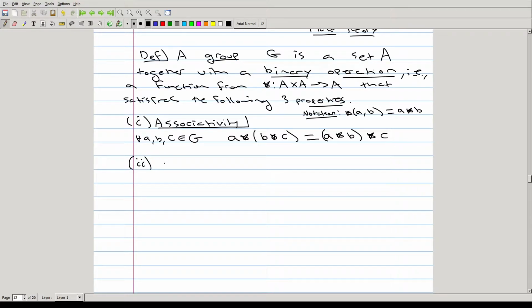Property of identity is the property that there exists an element E in the group, called the identity element, such that A star E is equal to E star A, which is just equal to the element A itself.